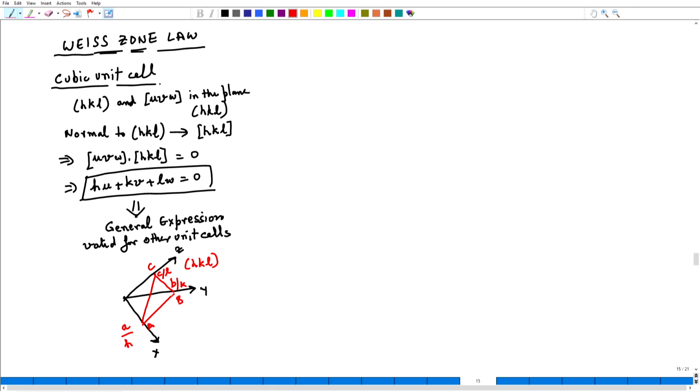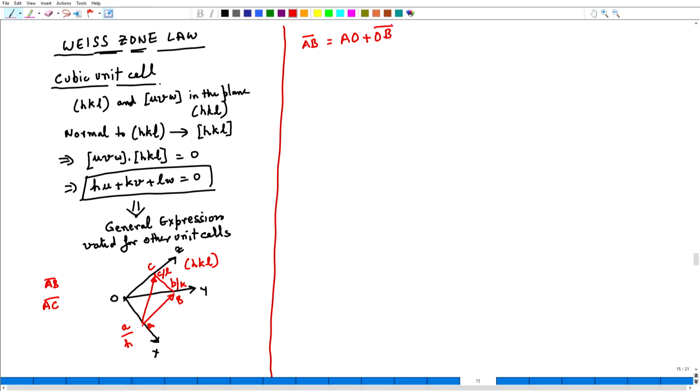Let us consider two vectors lying in the plane ABC. So, consider the vector, let us say AB, and consider the vector AC here, and let us write the expression for these vectors. Vector AB can be decomposed into two vectors, AO plus OB.